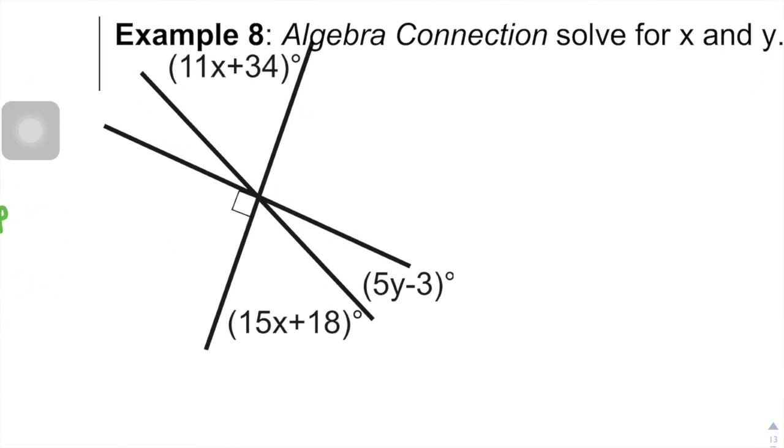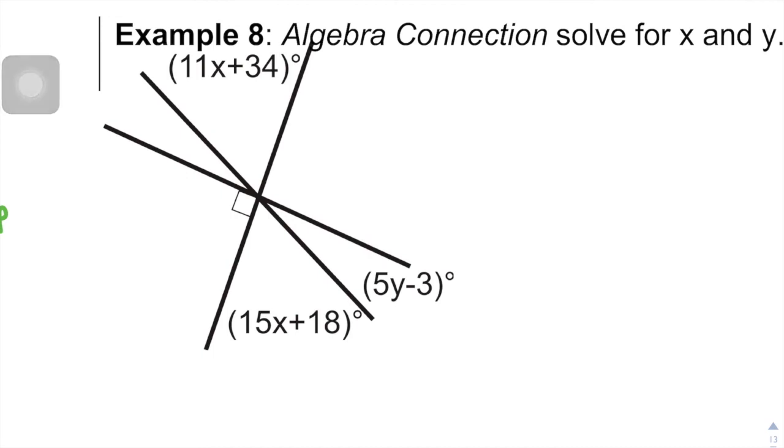In this picture, we've got a couple different measurements going on, and a lot of different ways that we can solve this. You have to be able to find angle pairs with what I call a lot of noise within the picture. Not only are there two lines, there are actually three lines crossing here. I'm going to solve for x first.